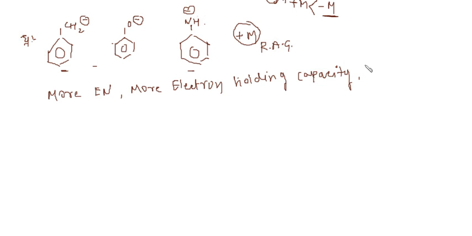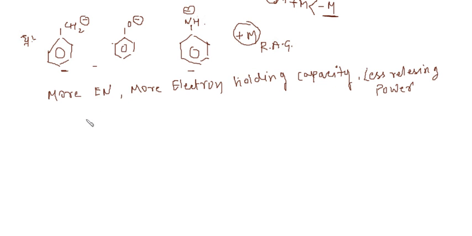So more electron holding capacity means less releasing power, it will release less electron. Okay, so more electronegativity means less activating.